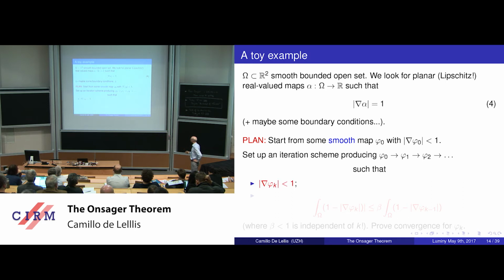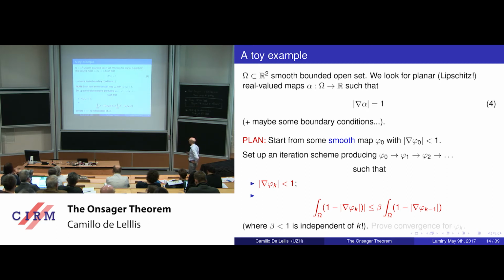Along the iteration, I'm always below 1 in modulus with all the gradients. But in an average sense, if I look at the integral distance to being a solution of the eikonal equation, it actually decreases step by step by a non-trivial factor beta. So beta is less than 1, and 1 minus beta is the factor by which this integral decreases.